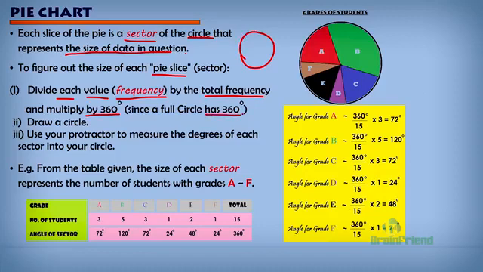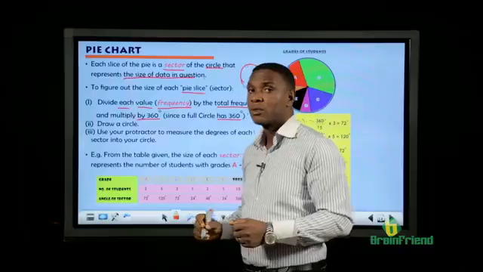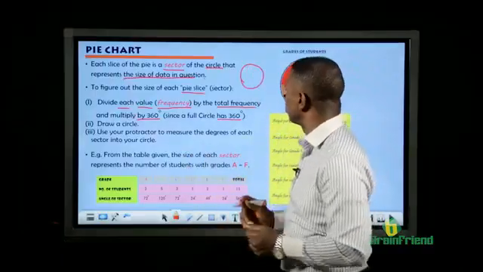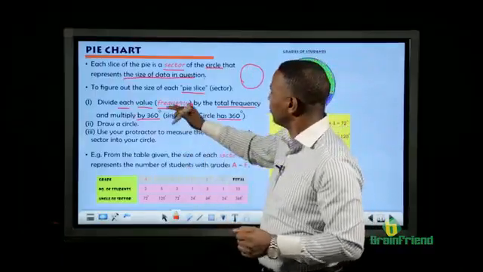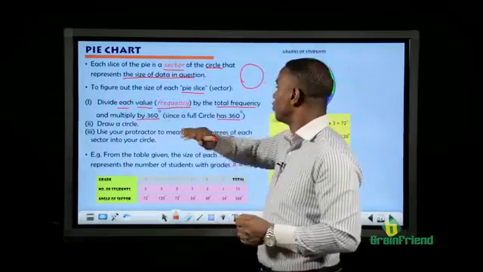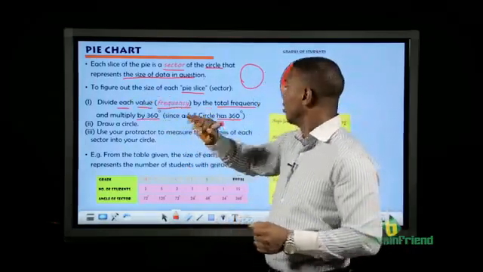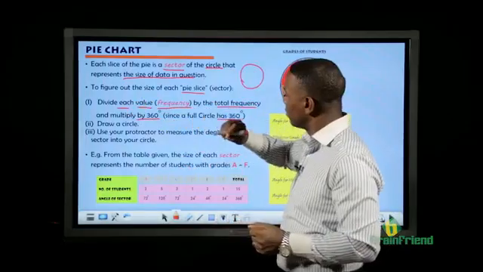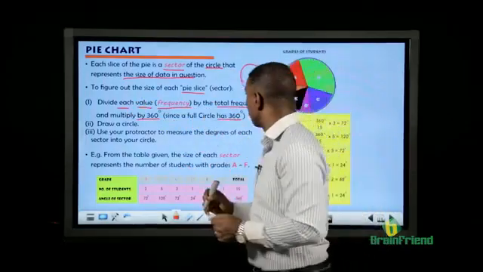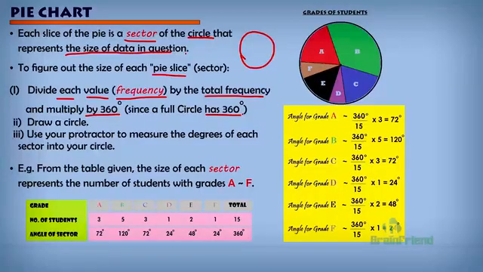Next, we draw a circle. If you are using paper, we're just showing steps. If you've been able to calculate each value to get the sector, you draw a circle on your paper. You can make use of a protractor, and you can also use the same protractor to mark out your angles. So if you do that, you could have something like this.